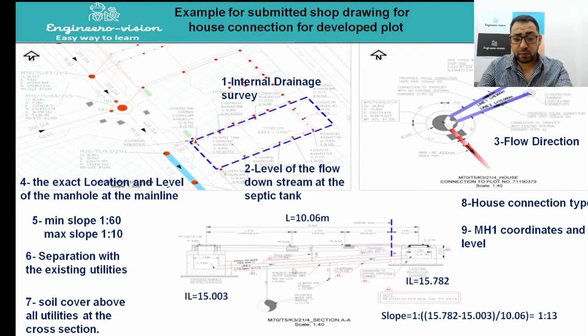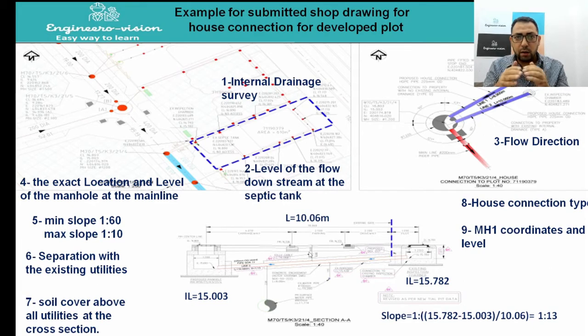We need to check the separation between our house connection, the lateral connection, and the other existing utilities. As we know quite well, the manholes are situated in the carriageway and the inspection chamber is inside the boundary, and there are lots of longitudinal existing utilities on the way from the manhole to the plot boundary.